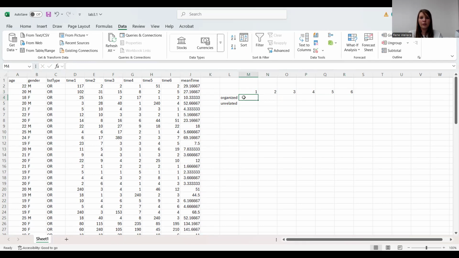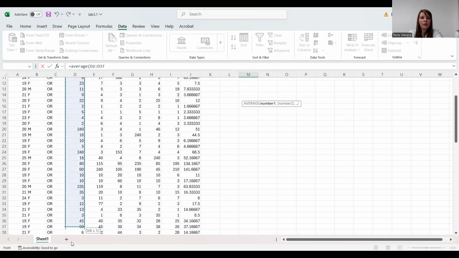So what I'm going to do is a formula here to get all of these organized times for 1 into one average. So this entire column here, I need averaged out. So I'm going to put equals average, open parentheses, and now I'm going to get all of time 1 for organized.